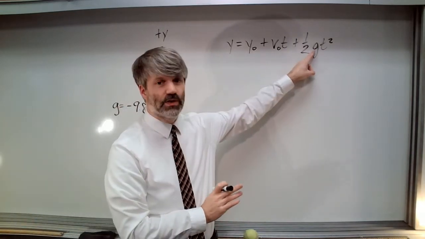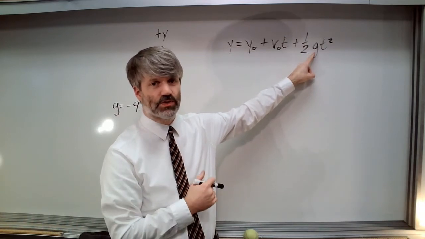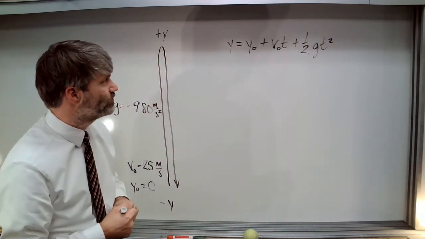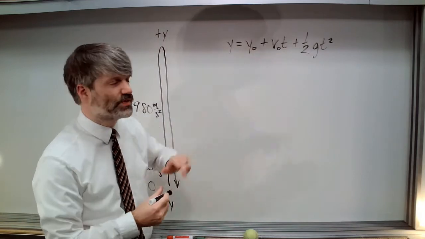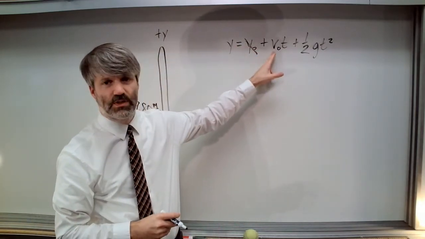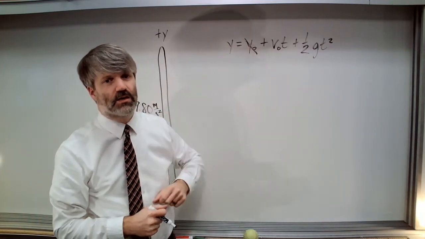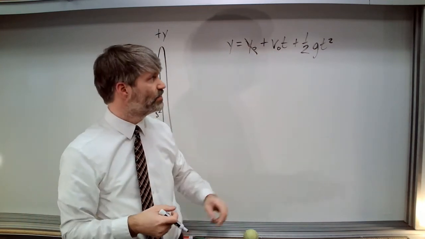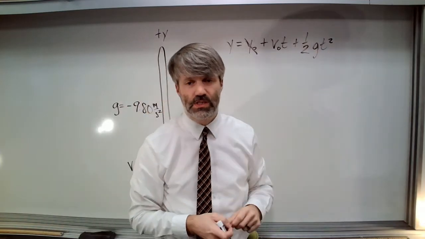Nicely enough, we know the acceleration of the object, it's the acceleration due to gravity. We know the initial position is 0, and we also know the initial velocity. The last thing to do is just substitute the values for t each time.